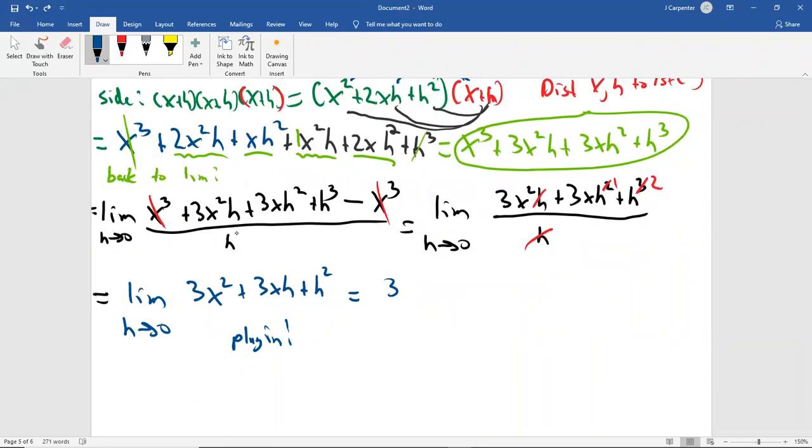It's just the 3x squared plus 3x times 0 plus 0 squared. Oops. Which is 3x squared. The middle term is now plus 0. The third term is plus 0, which is 3x squared.